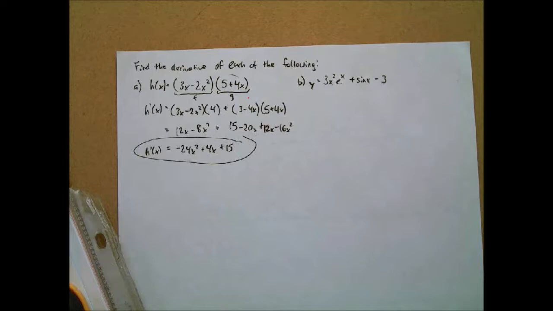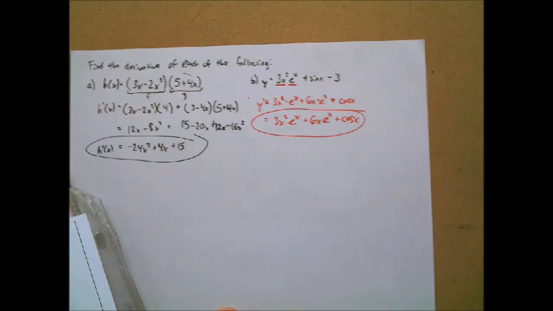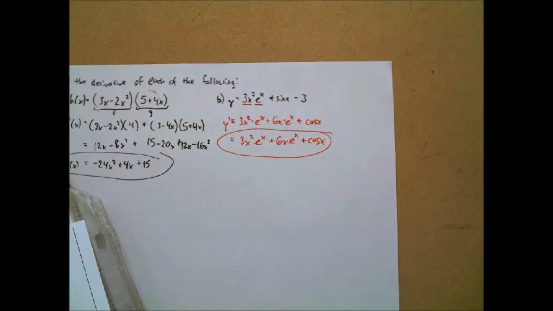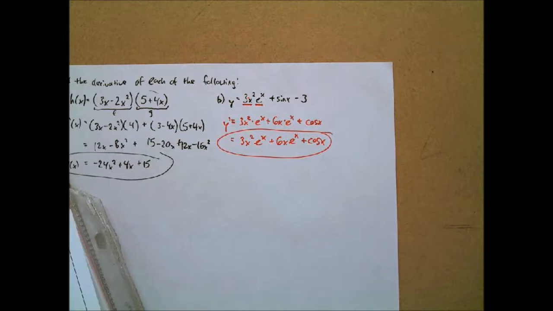Okay. Should have gotten something like this. Why is it itself again? Well, remember the derivative of e to the x is e to the x. So when we use our product rule here, e to the x is like our g, and so it doesn't change.